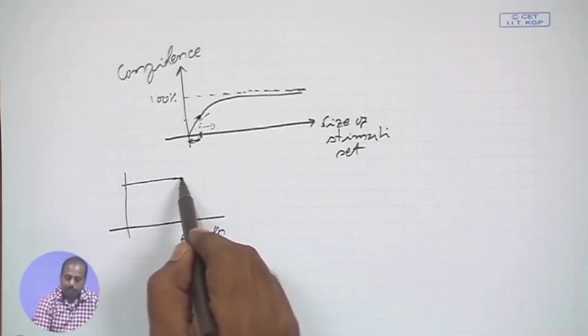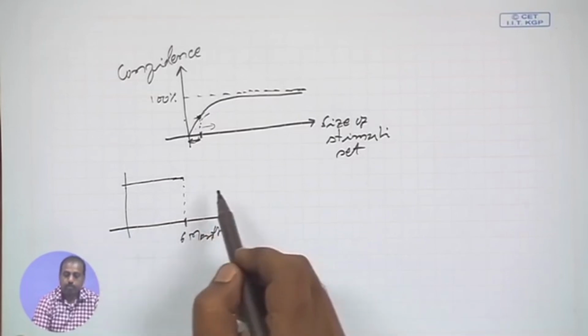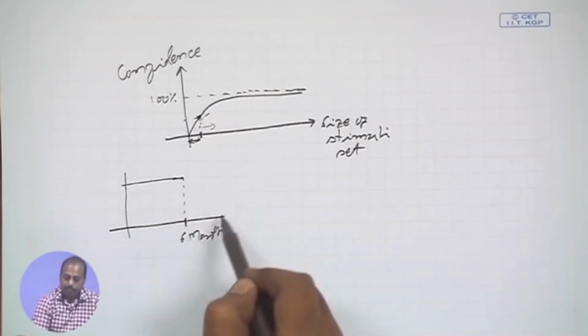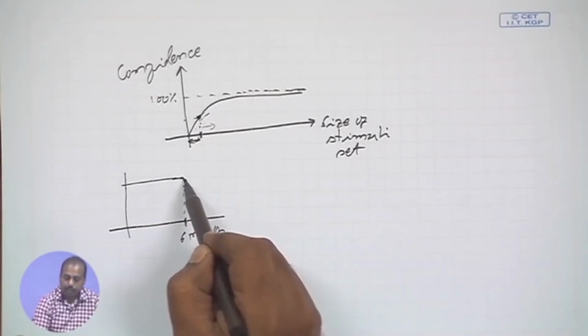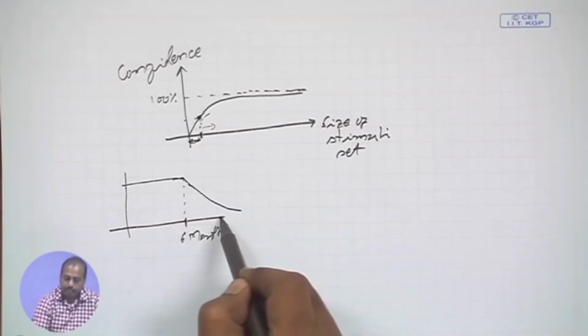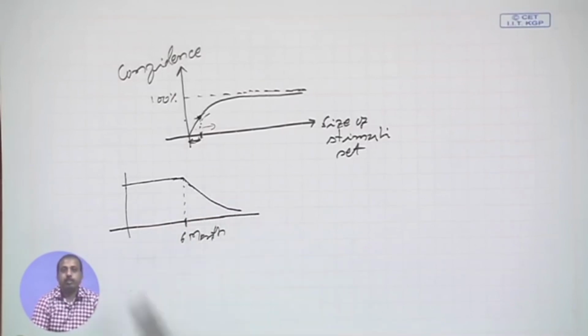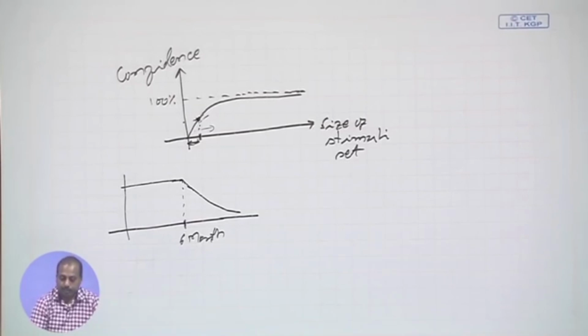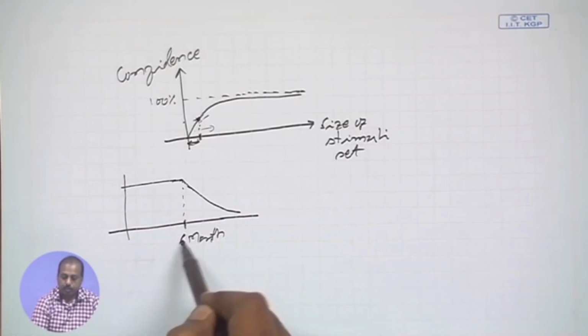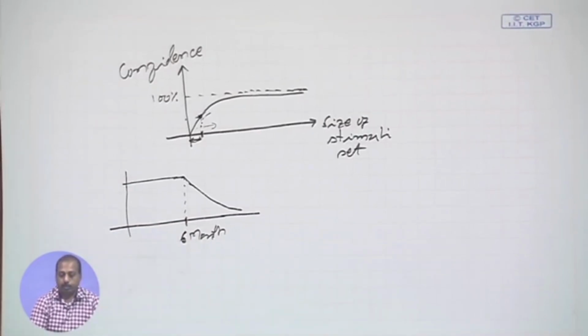If it comes after 6 months, the profit may start decreasing like this. Whether it will become 0 or not after some time depends on the product, but the marketing team can tell us that the product should come within 6 months for maximum benefit.